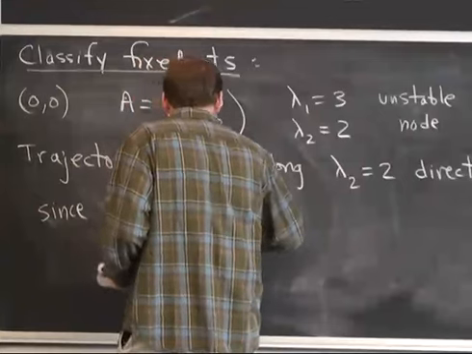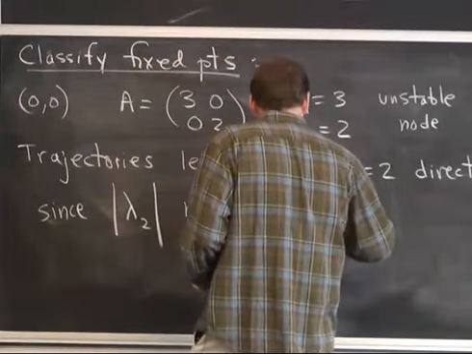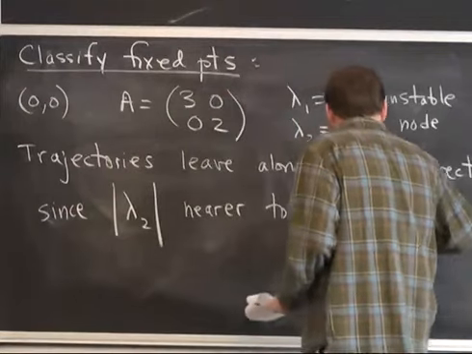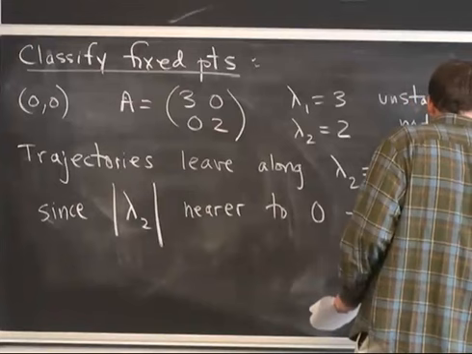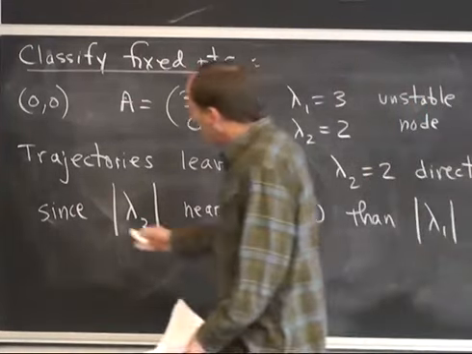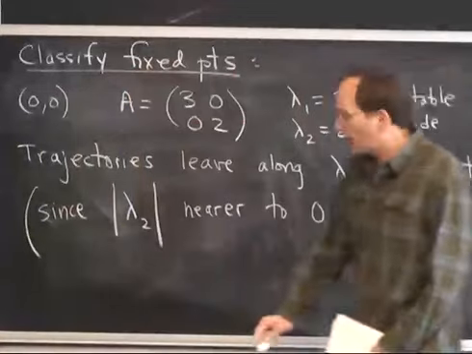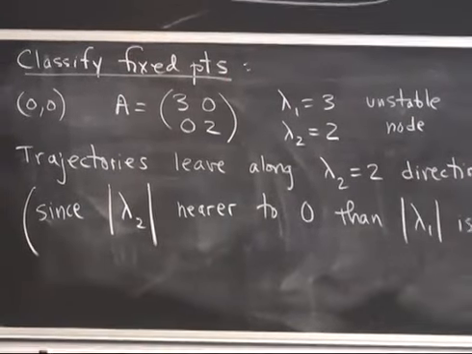In this case, the absolute value of lambda 2 is nearer to 0 than the absolute value of lambda 1 is. So we have to figure out what is the eigendirection corresponding to lambda 2, and it's just 0, 1.